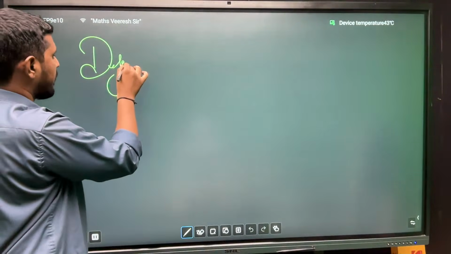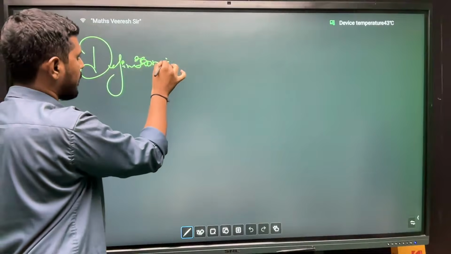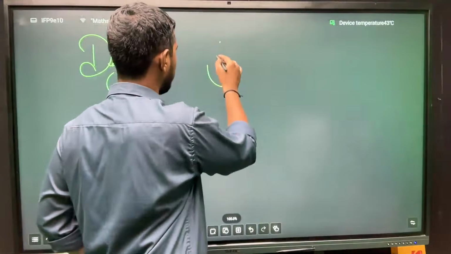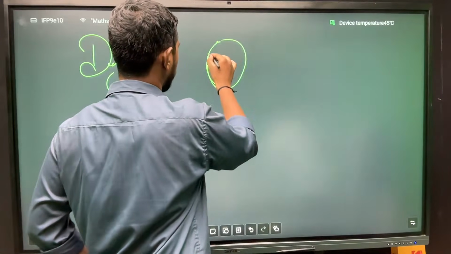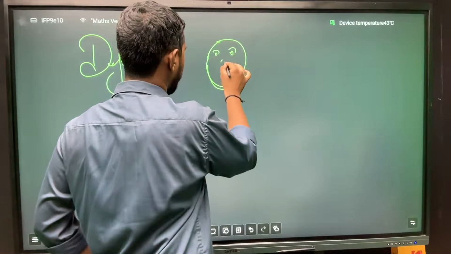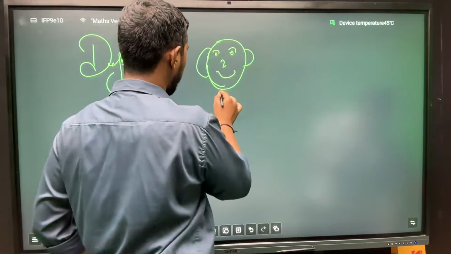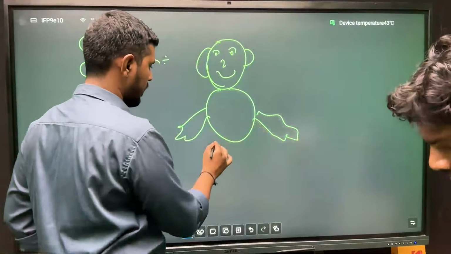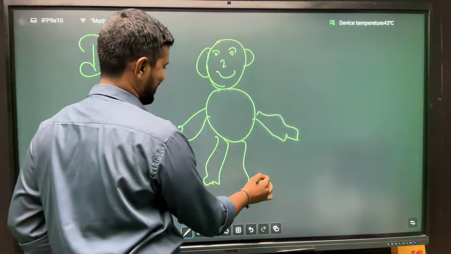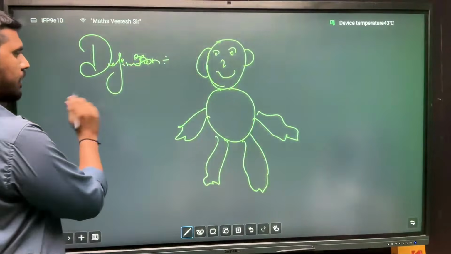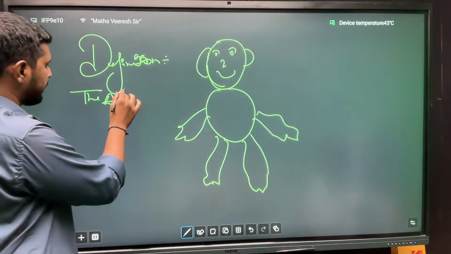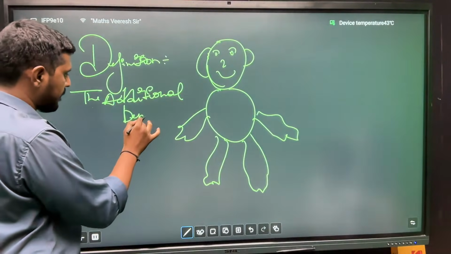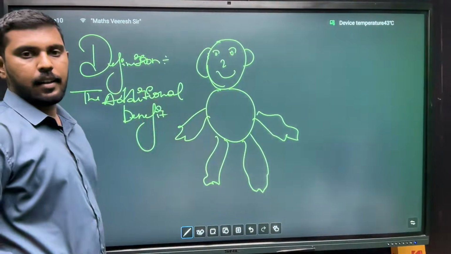So, the definition is nothing but the additional benefit.